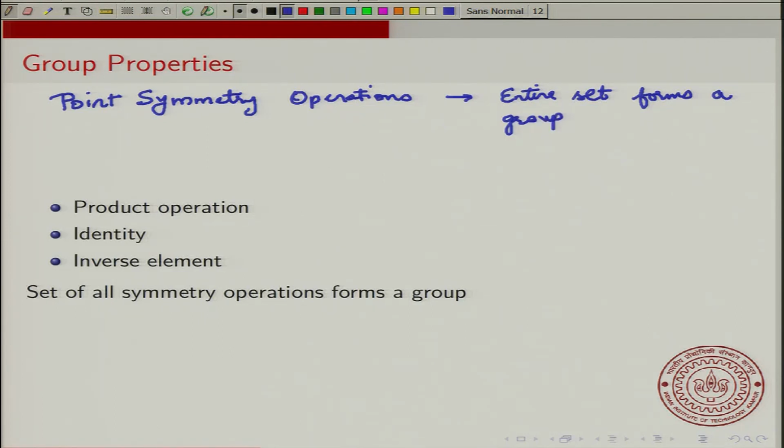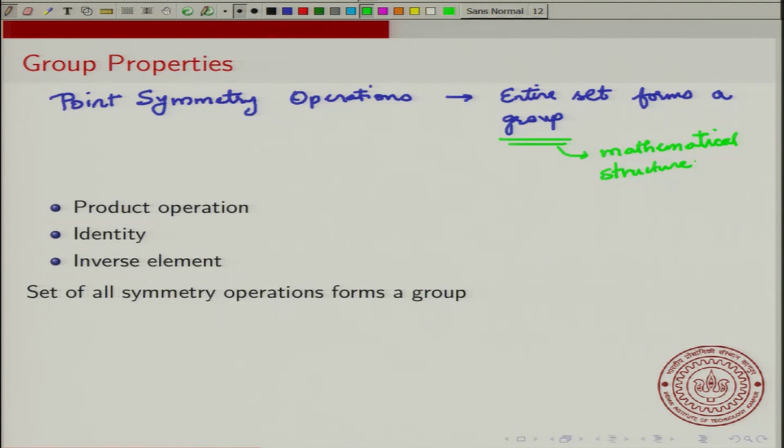Now, group is a mathematical object, we should say it is really a mathematical structure.